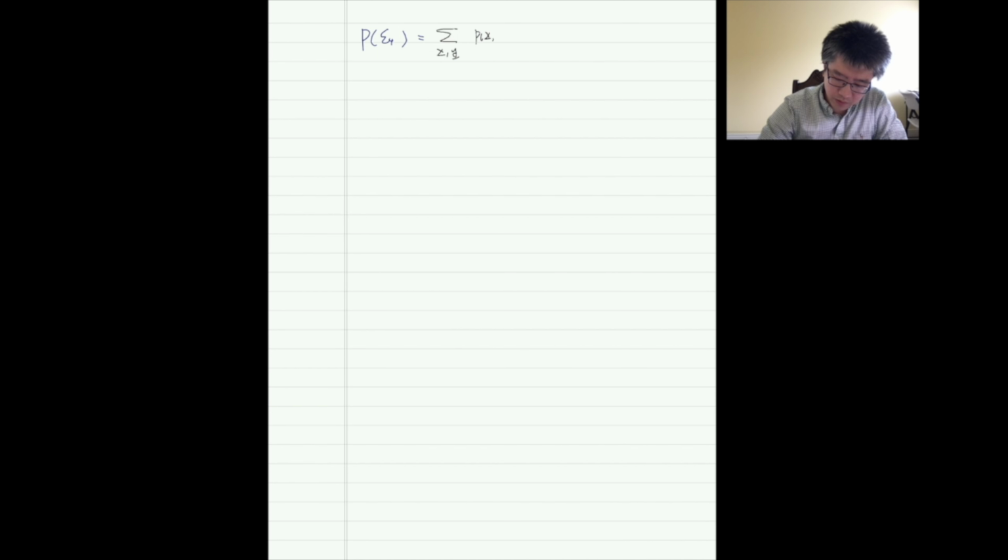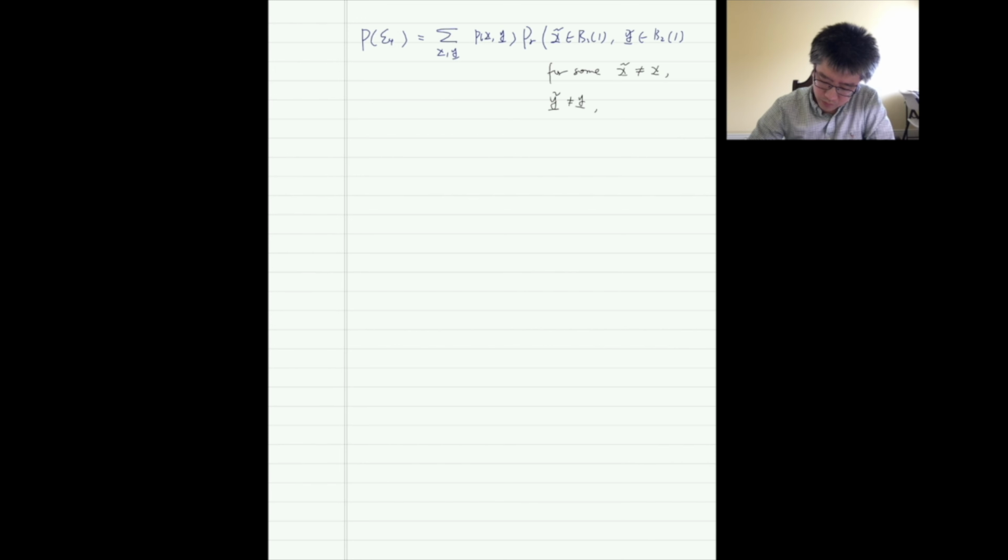We can write this probability as this: the event is that x tilde is in B11 and y tilde is in B21 for some x tilde not equal to x and y tilde not equal to y, but x tilde and y tilde are in the joint typical set.